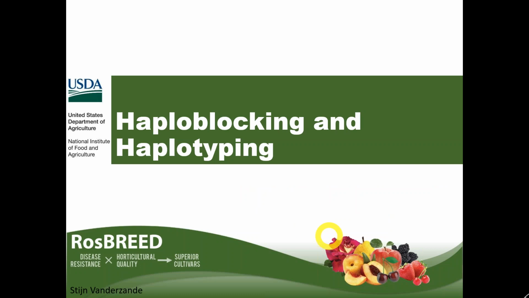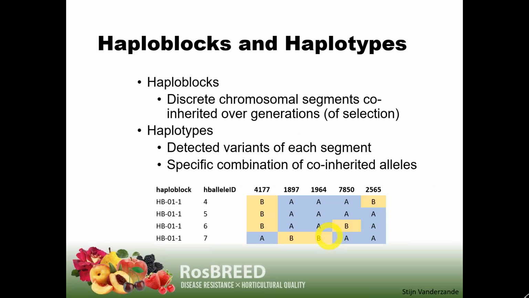And then, talking about haploblocking and haplotyping. Just to begin with, what's a haploblock? What's a haplotype? Well, a haploblock can be seen as a discrete chromosomal segment that is co-inherited over generations. I put selection in brackets because most of the time for our crops, we are only interested in selected individuals.